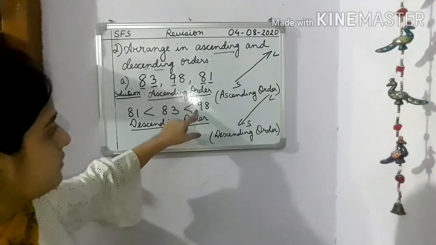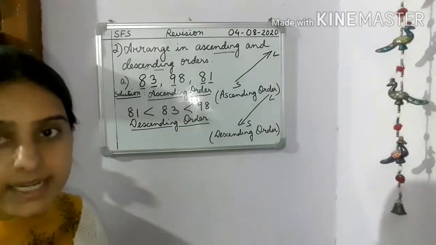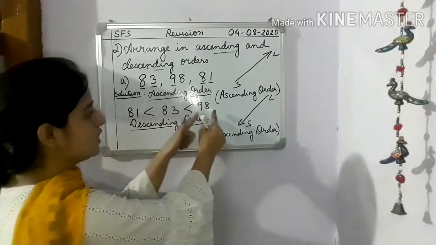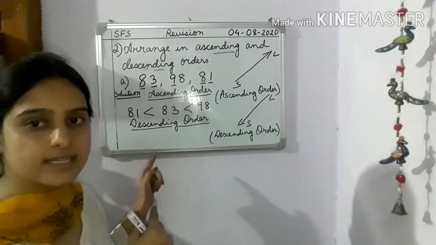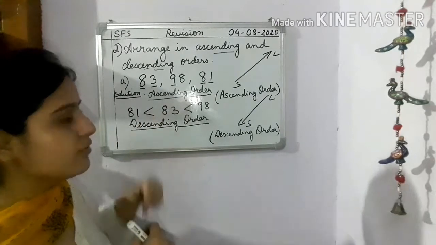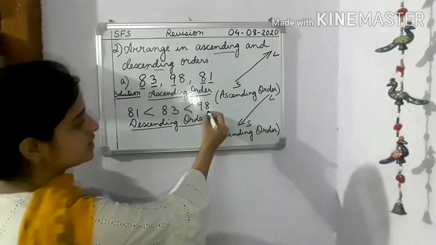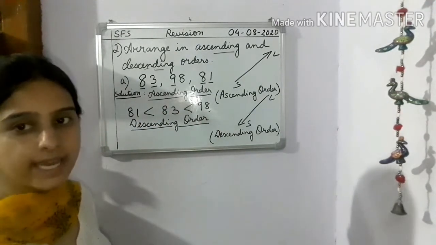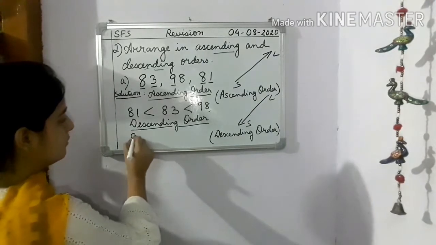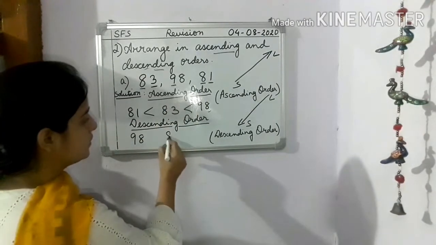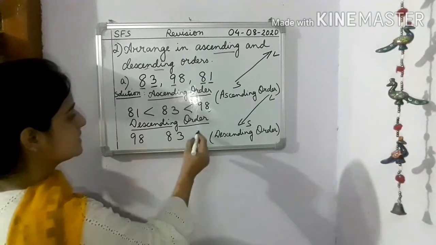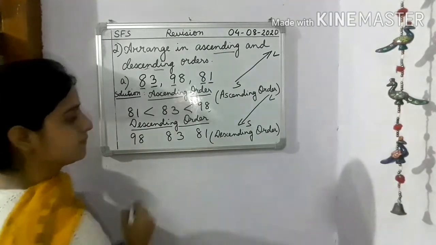So children, as we have already arranged in ascending order, that means from smallest to largest, it is easy to write descending order. Isn't it? Just the inverse of ascending order. That means the largest number is what? 98. So 98 will come first. Next is which number, children? 83. And the smallest is 81.